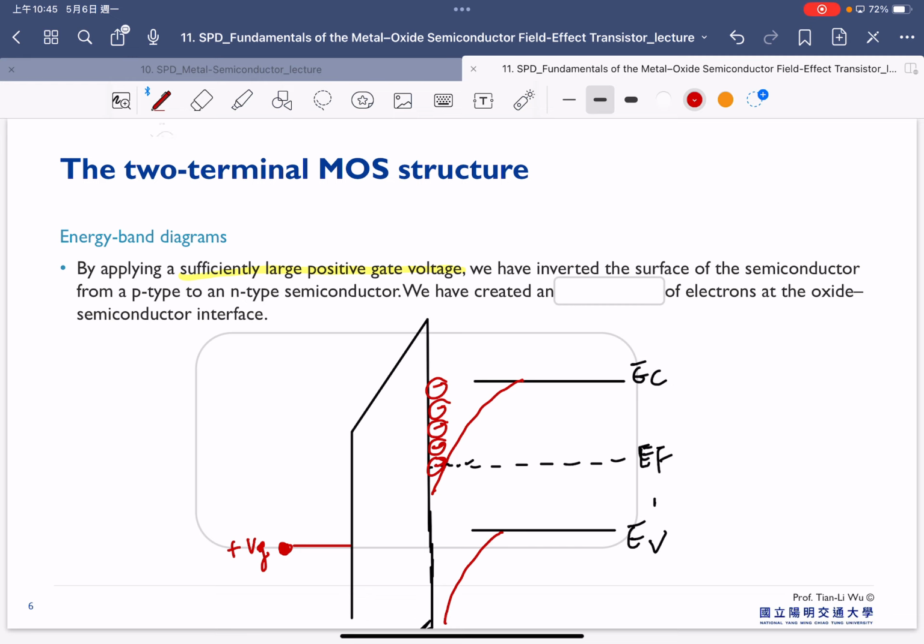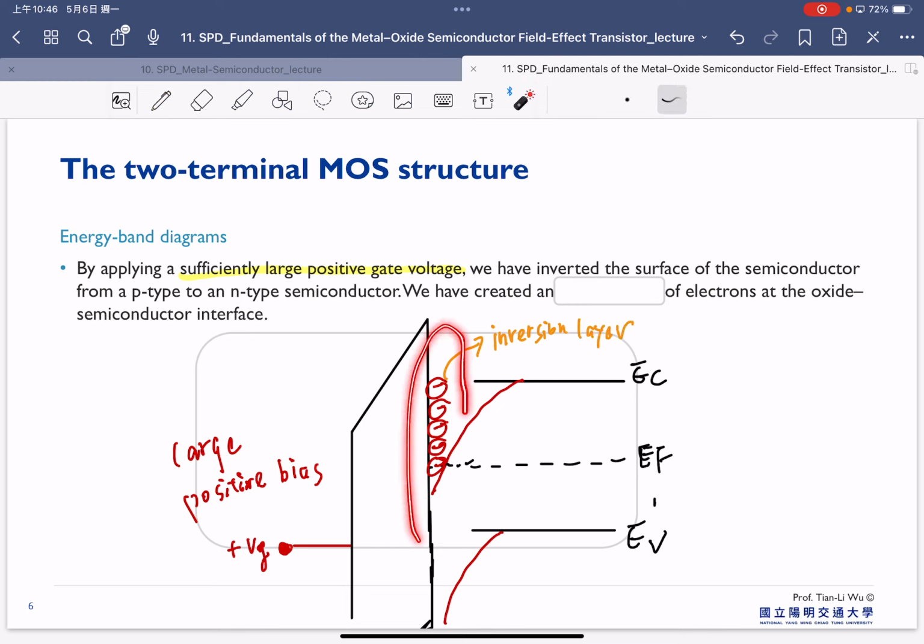This is under the large bias, and that is usually called an inversion layer. If you look closely, that's the band diagram at this interface.